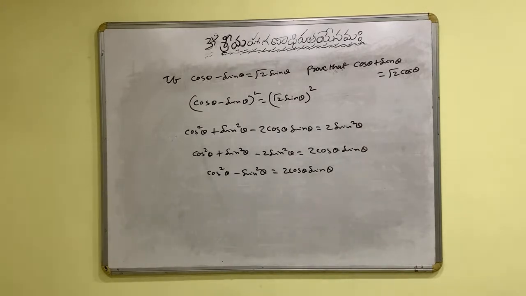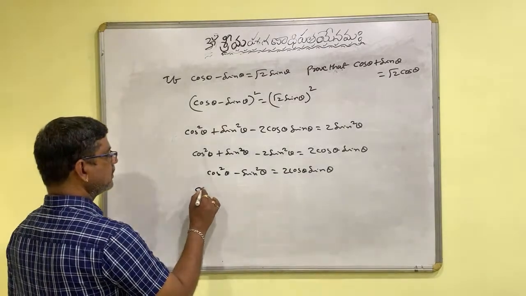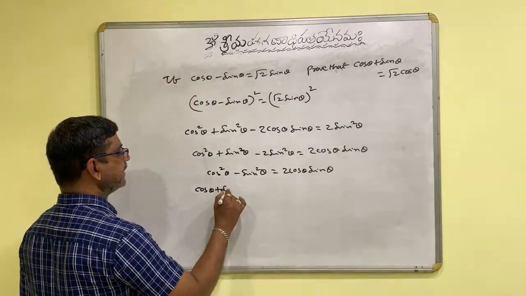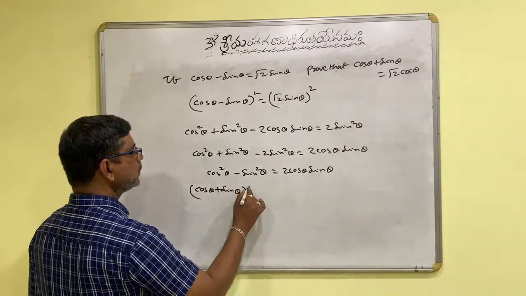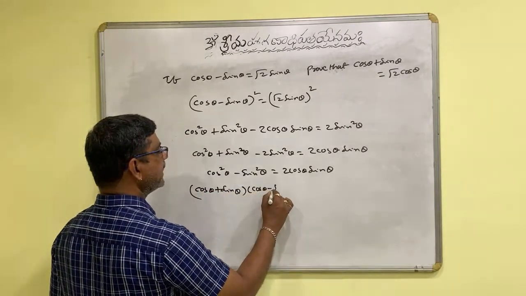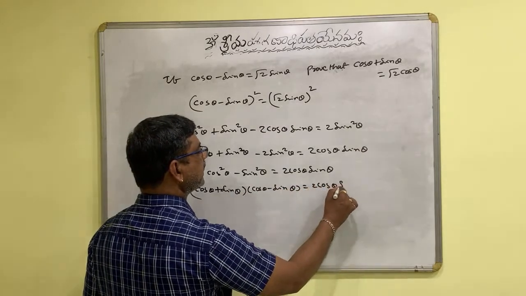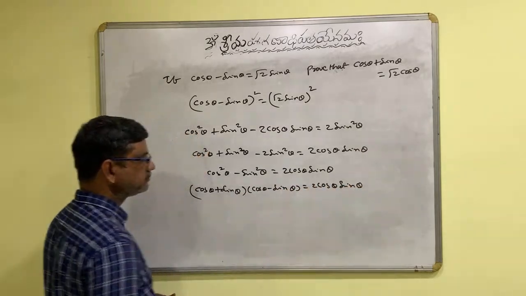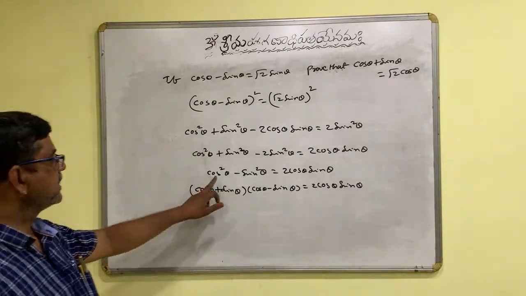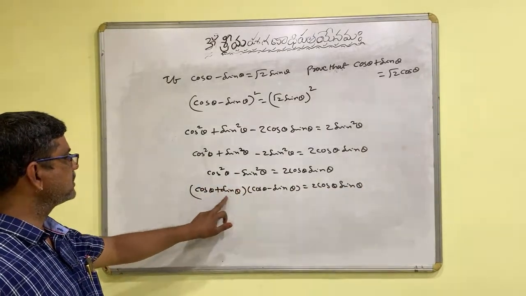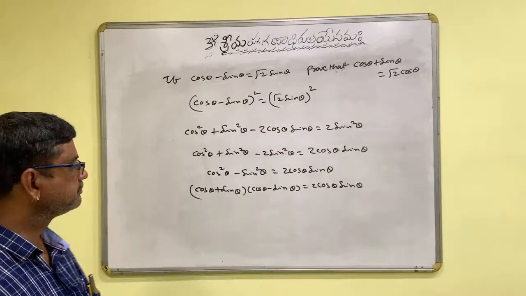Yes, very good, Sandy. a plus b into a minus b. Cos theta plus sin theta into cos theta minus sin theta is equal to 2 cos theta sin theta. a square minus b square, a plus b into a minus b.